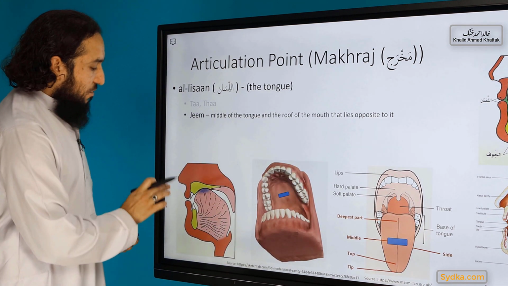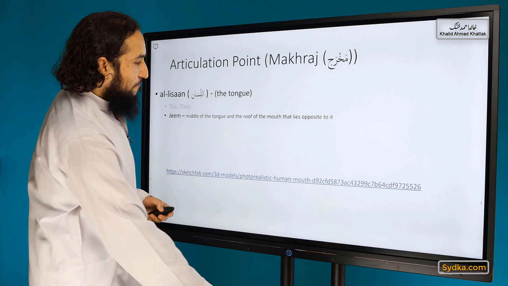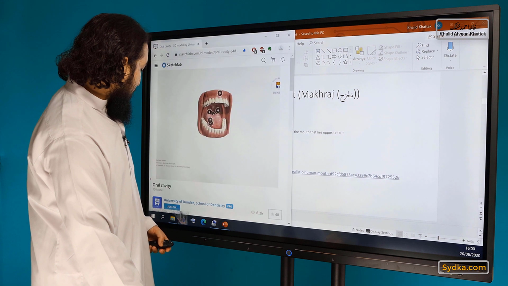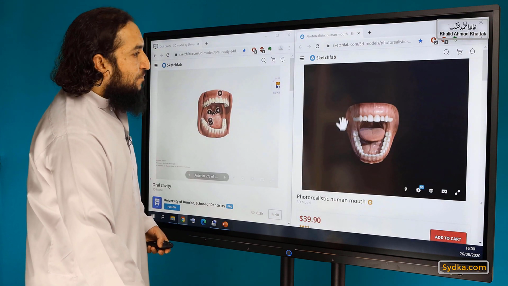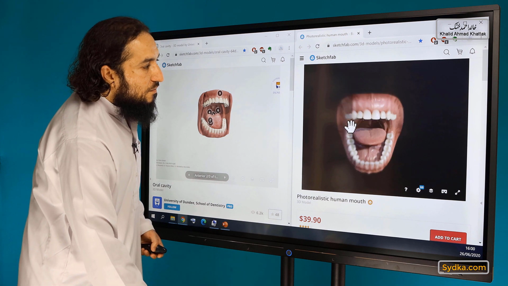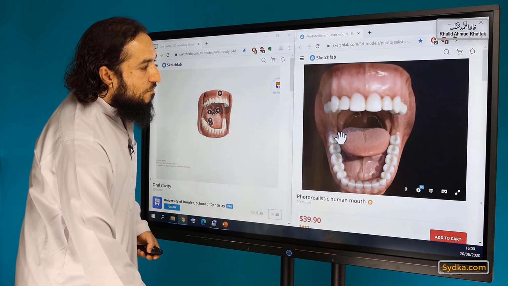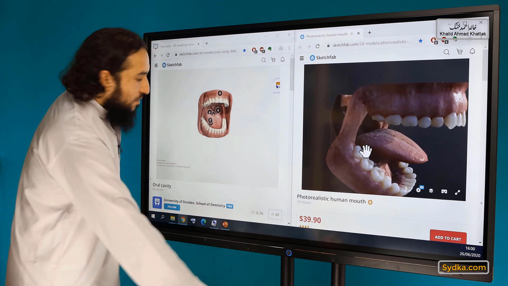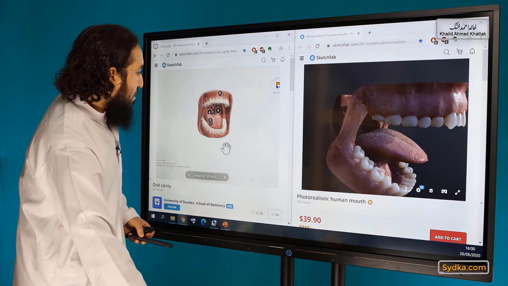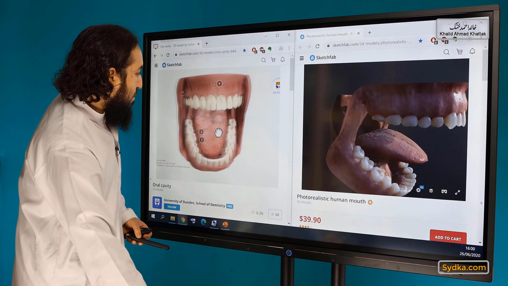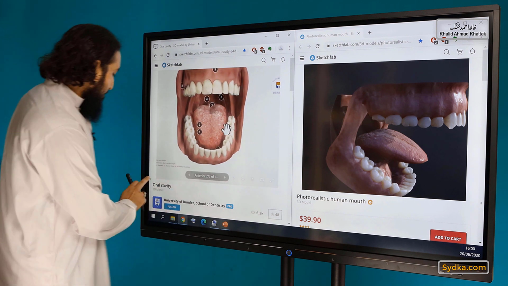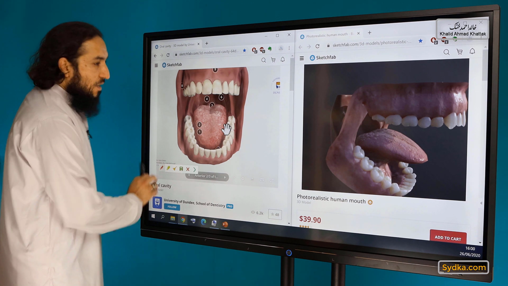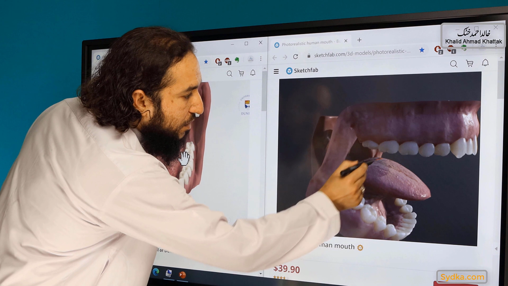So let me explain that with the 3D model. So the middle of the tongue would be, that's the middle of the tongue.